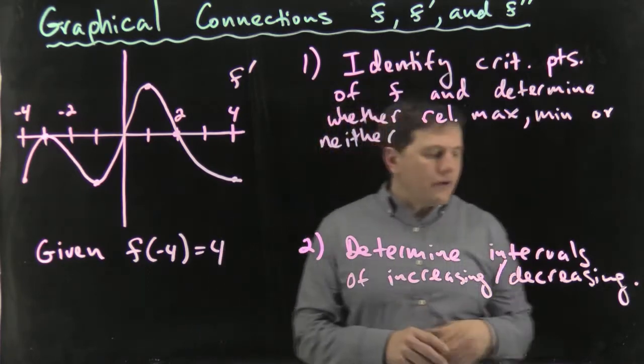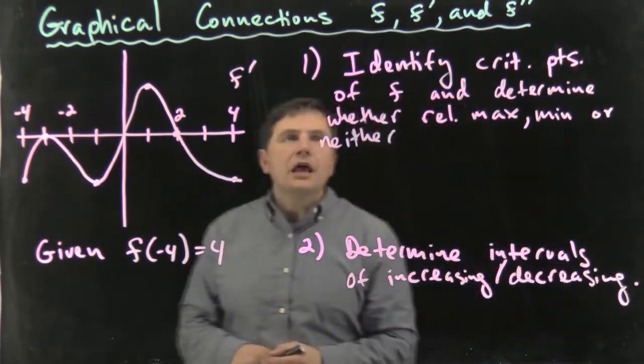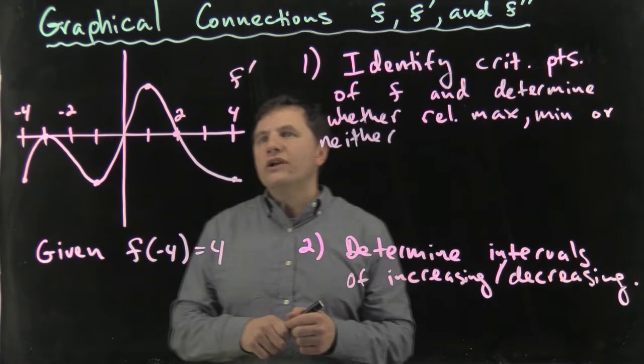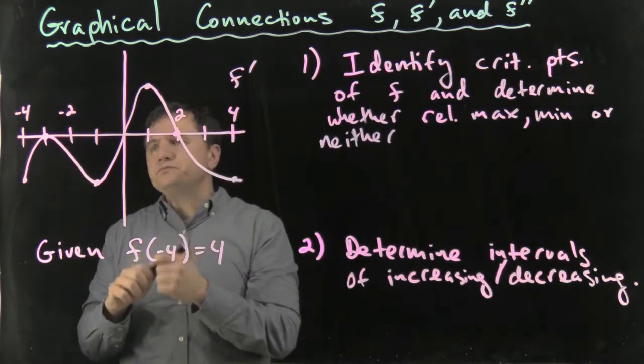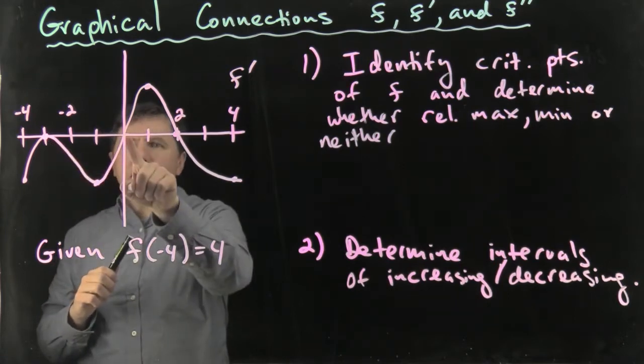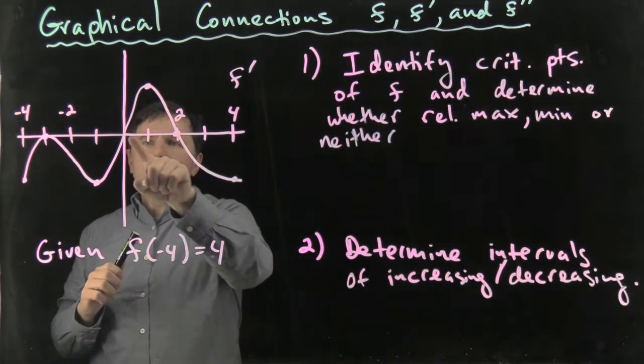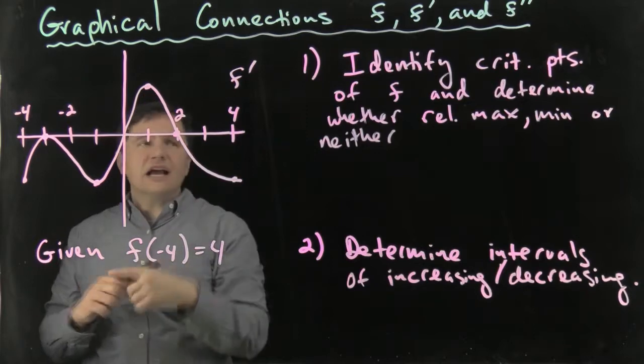Okay, so let's start off. The first question is pretty easy. We know that we're going to get critical points whenever f prime equals 0. This is f prime, so I'm looking for any place where this thing touches or crosses the x-axis.